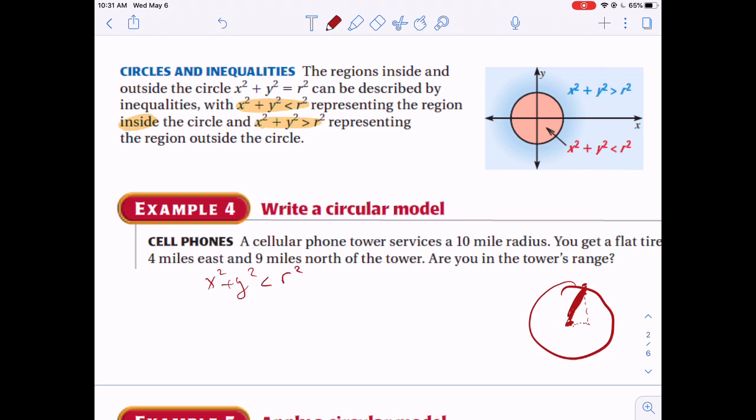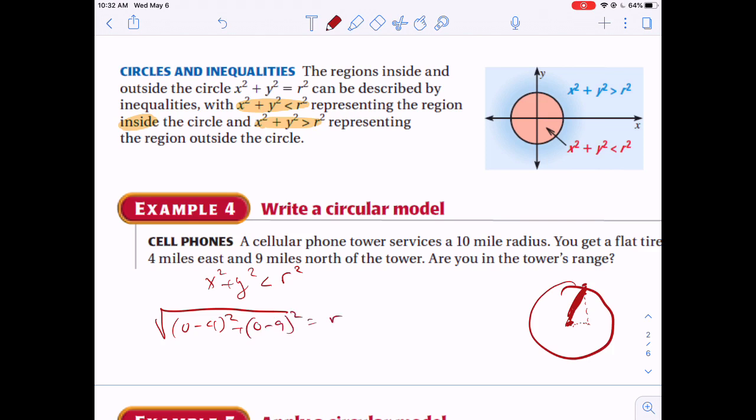Okay, so we're doing the distance formula again with x and y. Origin 0, 0, and the other point is going to be 4, 9. I'm not going to write those, but I have the square root of 0 minus 4 squared plus 0 minus 9 squared.